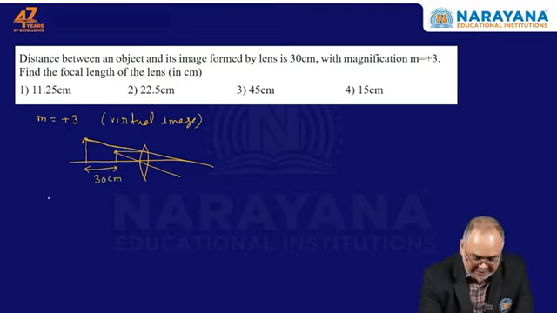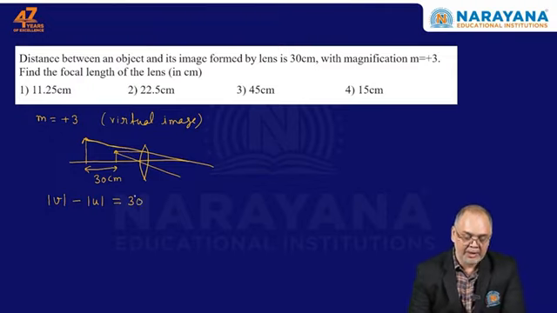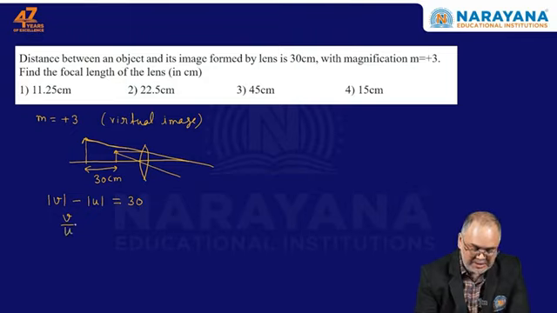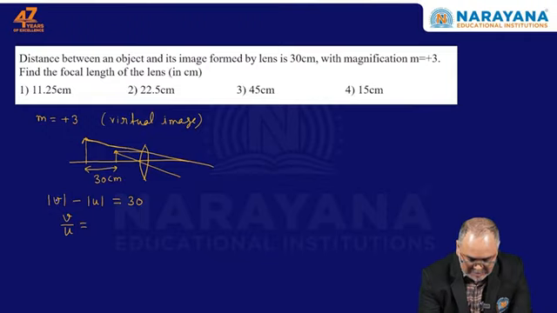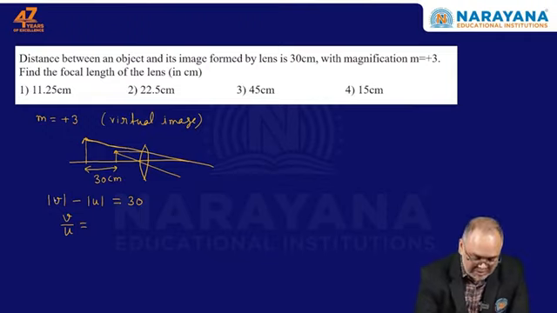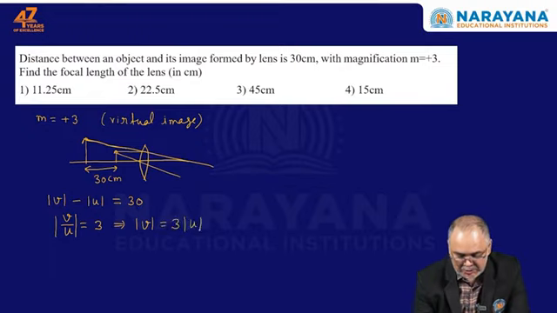So I can write mod v minus mod u is equal to 30, and magnification I can write v by u. So in this we require the magnitude only, because in the first equation I need to substitute the magnitude. So magnitude of this is equal to 3. So we can write mod v is equal to 3 times mod u.